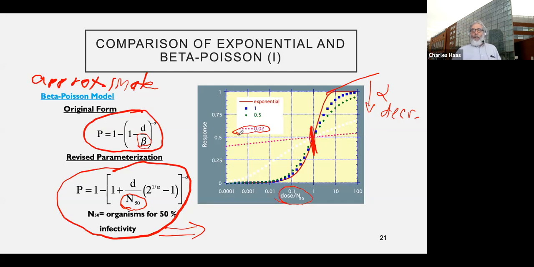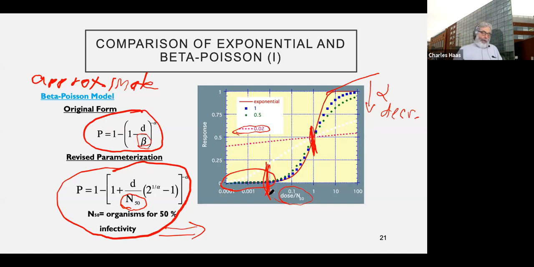by examining data. Now, one thing I want to point out, and I'll emphasize this in the next slide, is if you look down here, it's tempting to say, well, gee, below a dose of 0.01, I have no probability of adverse effect.